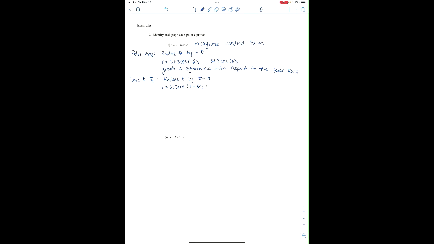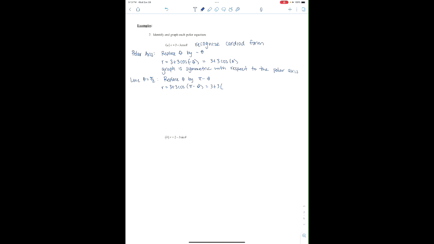And whenever we have cosine of a number minus a different number, then we can rewrite it using our trig identities. If you don't remember the trig identities for the sums and differences inside of the trig functions, please review those. That's how you're going to do each of these following examples.